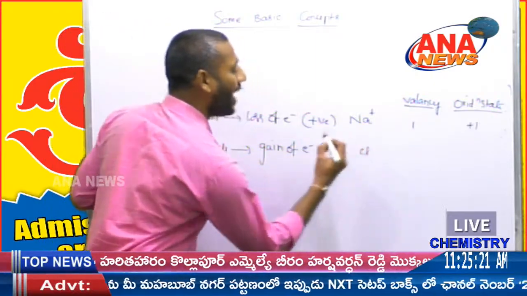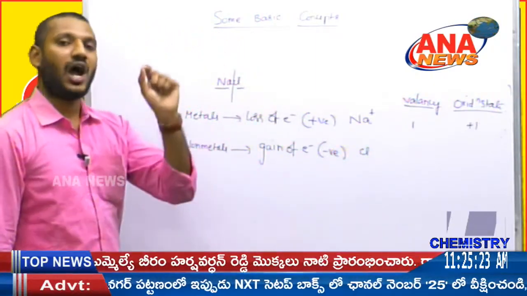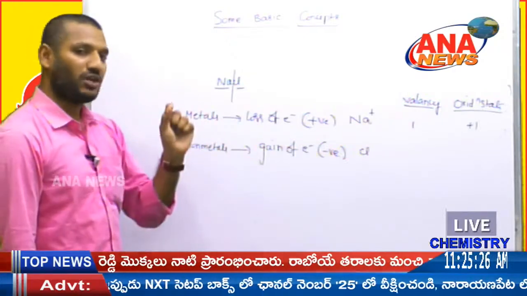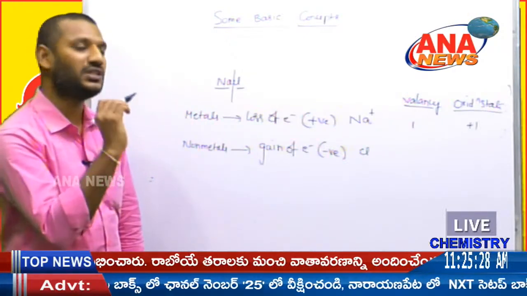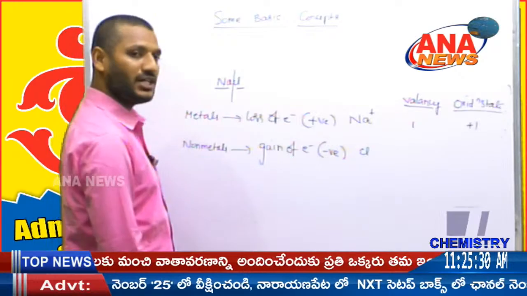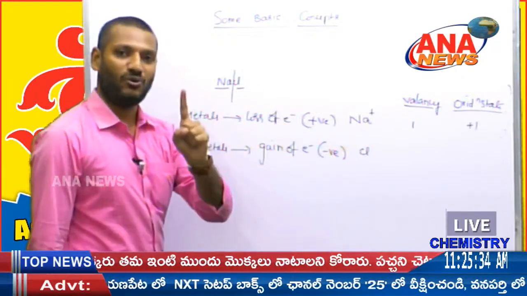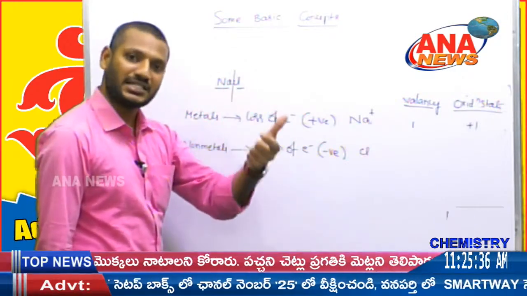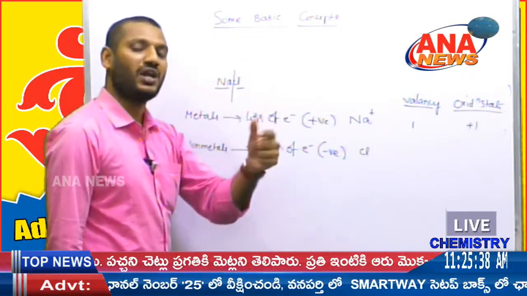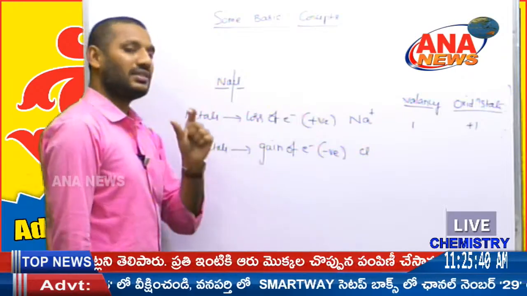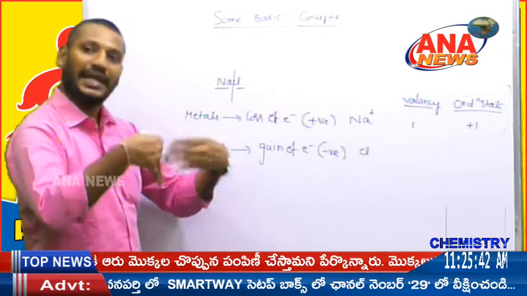In a chlorine atom, the outermost configuration is 3s2 3p5. How many electrons are gained? Only 1, because it already has 7 electrons, and 7 plus 1 equals 8 electrons, as per the octet.